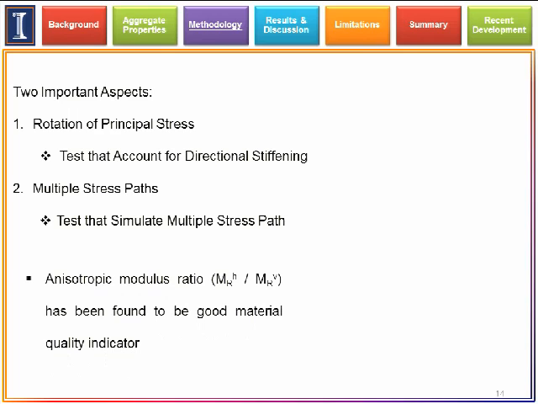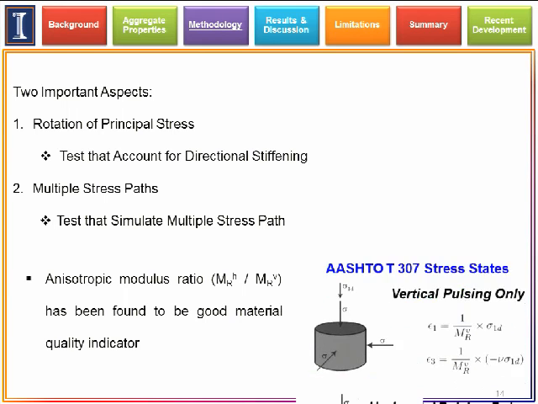Professor Tutumluer has done a lot of work in the anisotropic modulus, anisotropy based area, and he found that the anisotropic modulus ratio is a good material quality indicator. Anisotropic modulus ratio is nothing but the ratio between the horizontal resilient modulus and the vertical resilient modulus.